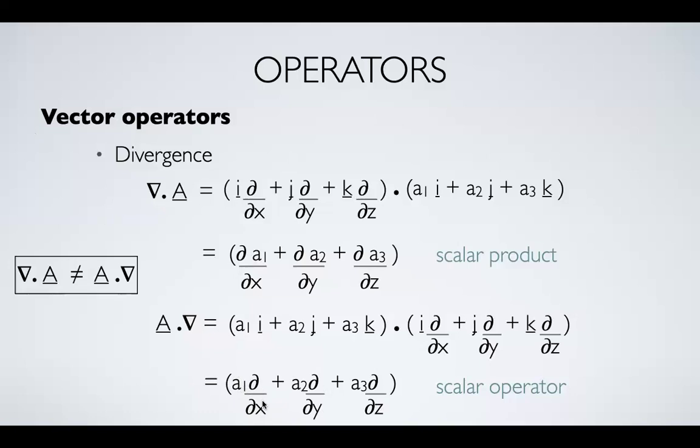So if you have a variable, even if it's a scalar or vector, d by dx or d by dy or d by dz is going to operate on or differentiate the other variable, okay? But it's not a product, it's not a magnitude yet. It doesn't have a magnitude, it doesn't have a value. Does that make sense?